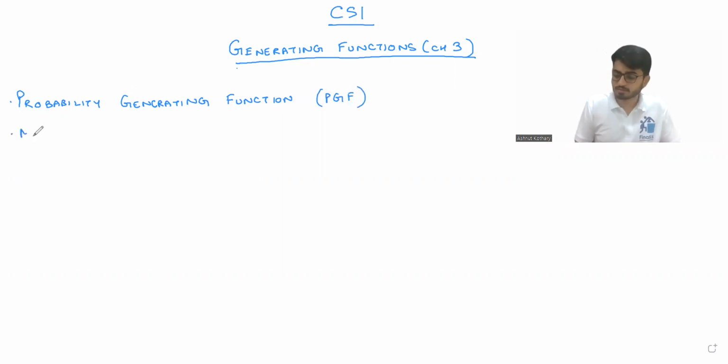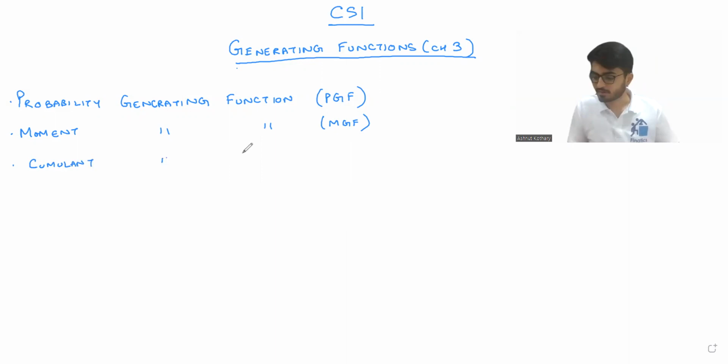Next one is the moment generating function, referred to as MGF, and then finally we have the cumulative generating function.